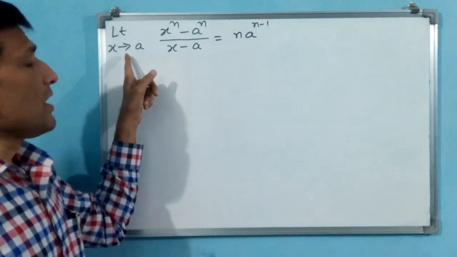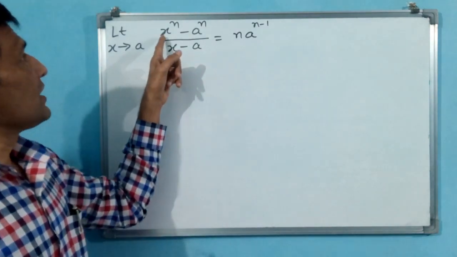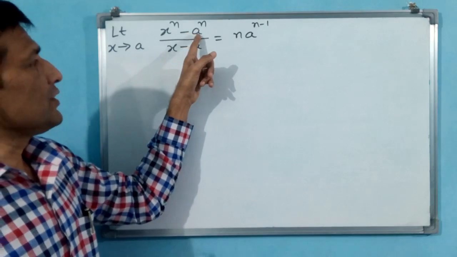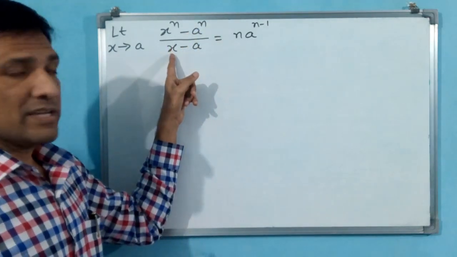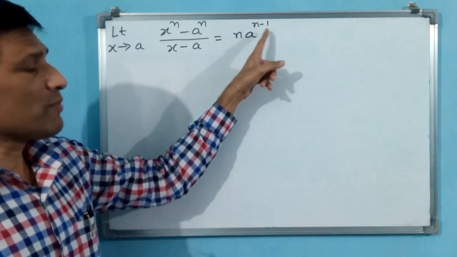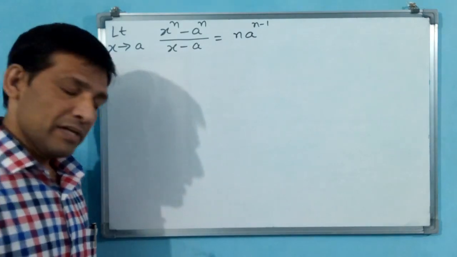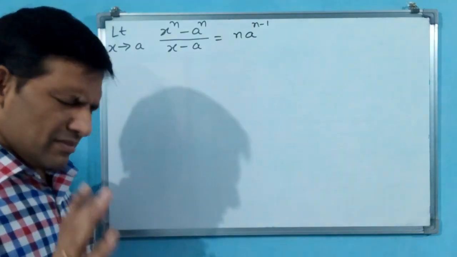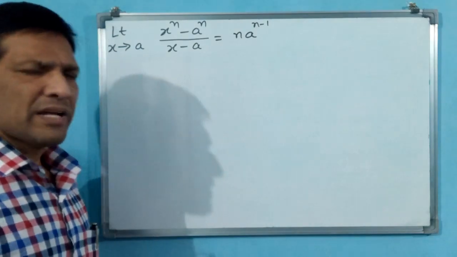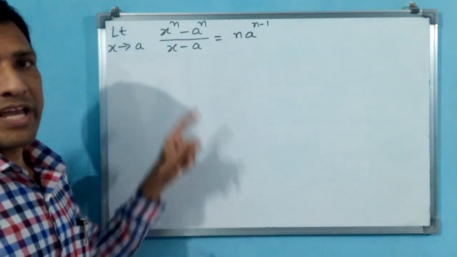You see, limit x tends to a, x to the power of n minus a to the power of n divided by x minus a, is equal to n into a power n minus 1. I am not writing again, but directly I am telling: as a function, if you substitute a here, what will happen?